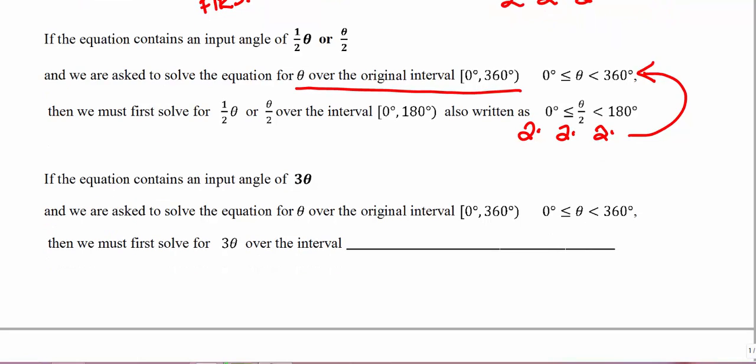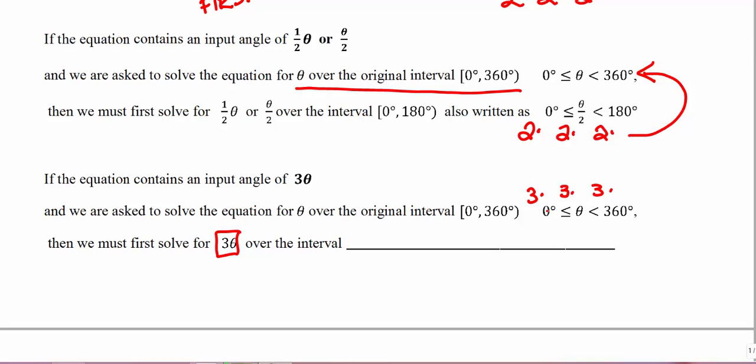This is what we call adjusting our solution intervals. If the equation that we are trying to solve contains an input angle of 3 theta, and we actually want to solve for theta itself between 0 and 360, then we must adjust our solution interval to first solve for 3 theta. And when we solve for 3 theta at first, we're going to multiply everything through by 3.